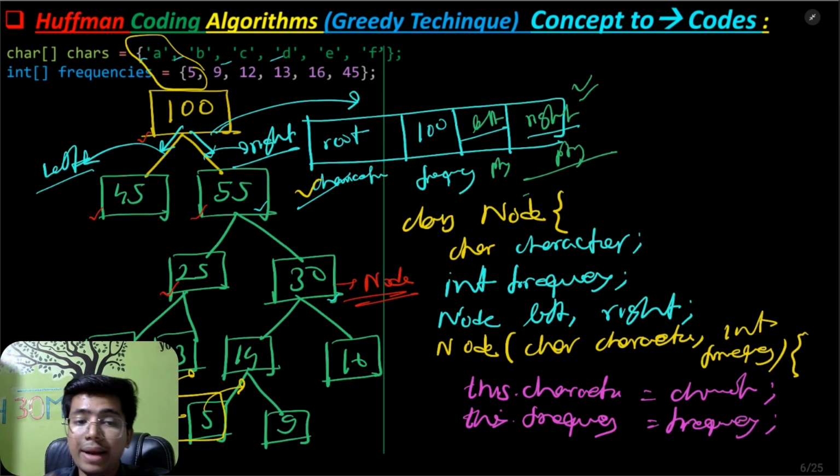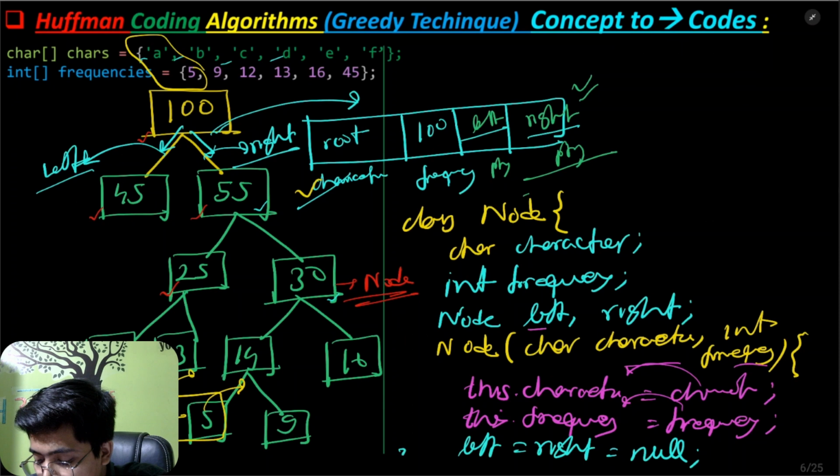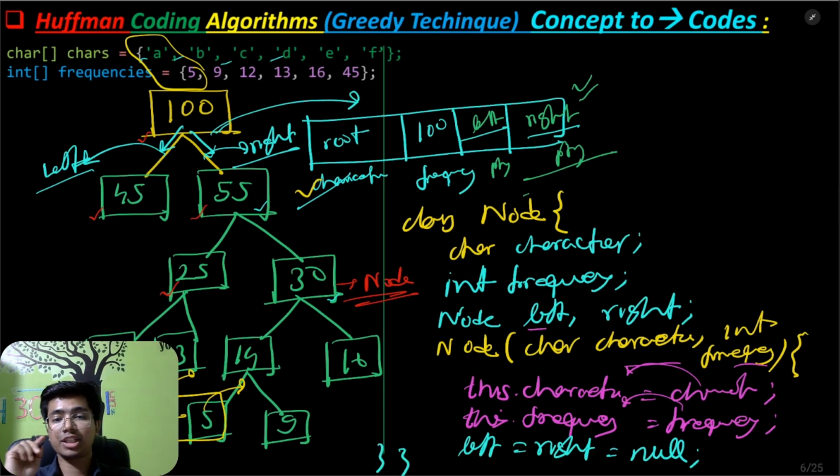So that is frequency, and now we'll be assigning null. Look, character and frequency were passed, so we assign them, but left and right are not passed, so we'll be assigning them the value of null. Left equals right equals null, so they are assigned null. So that is the basic construction of the node.